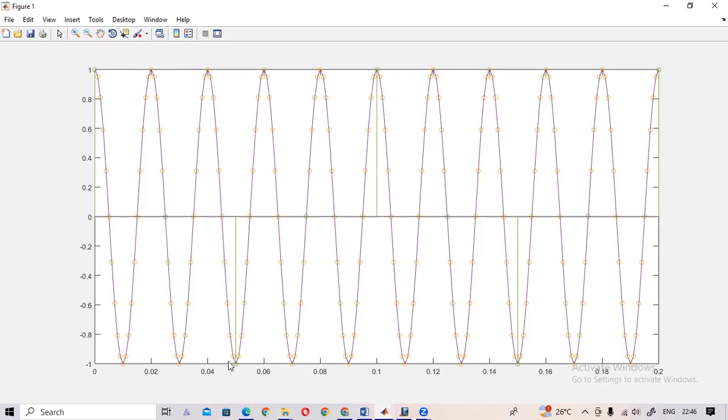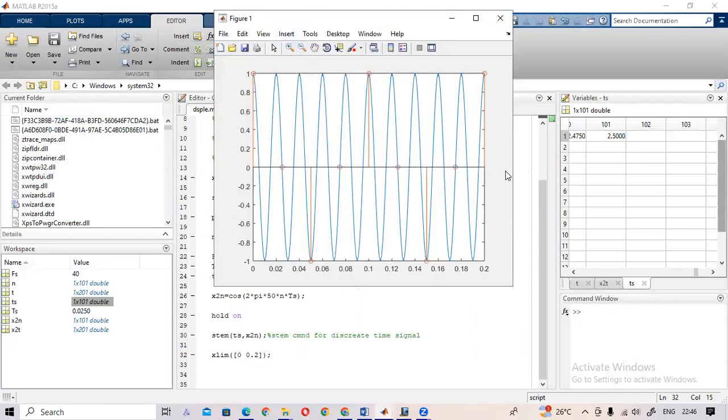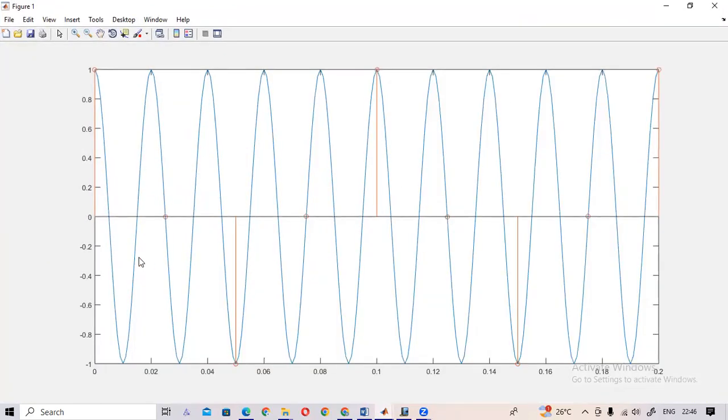This is one sample, this is another sample, this point, yeah, this one. So this is our first sample, this is the second sample, this is the third sample, fourth sample, fifth sample, sixth sample, seventh sample, eighth sample, and so on.